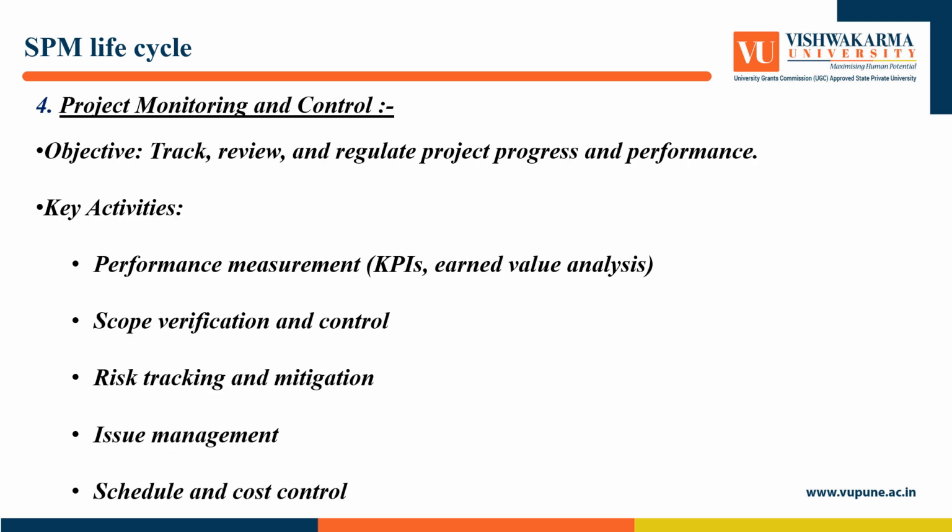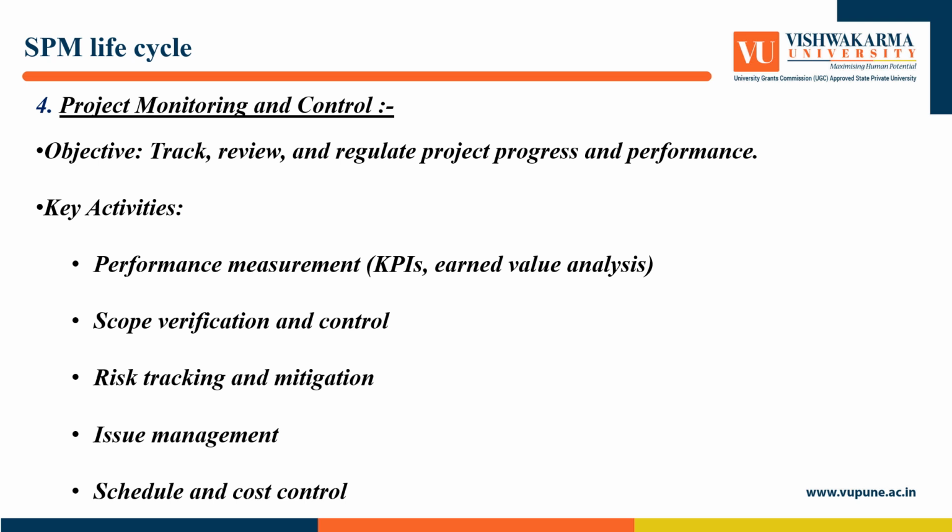The fourth stage is project monitoring and controlling, keeping an eye on and controlling the projects. The objective is to track, review, and regulate the project process and performance, to make it better.